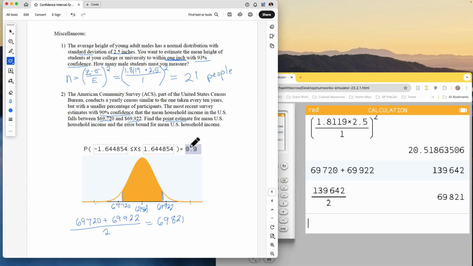So the point estimate is the mean for mean U.S. household income. I'll just do it as x bar because this is probably coming from a sample, right? A survey. We're saying it was 69,821. Kind of sloppy there. Rewrite that.